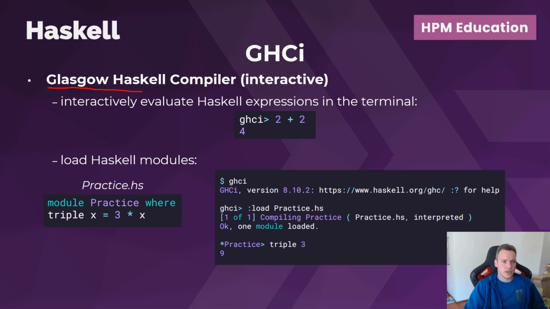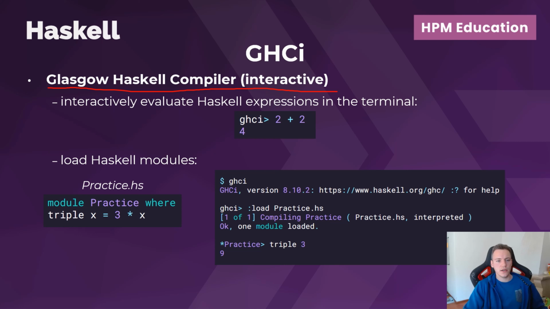GHCi stands for Glasgow Haskell Compiler Interactive. We mentioned at the start that Haskell is a compiled language, which means the source code we write needs to be first compiled down to computer code in order to be executed. This is where GHC, the Glasgow Haskell Compiler, comes in, as it's the compiler for the Haskell language.